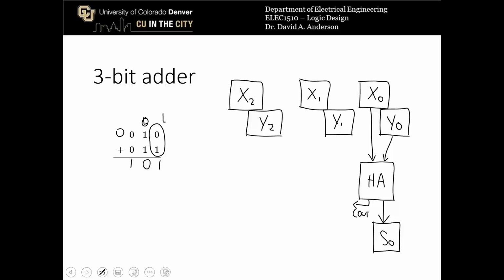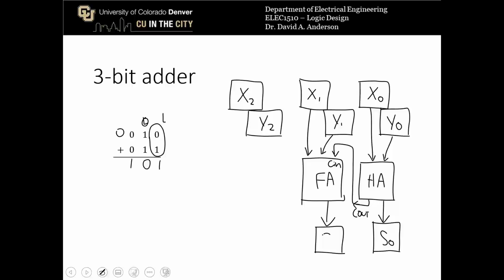Now, x sub 1 and y sub 1 will be inputs to a full adder, where the carry out from the half adder is also the input as the carry in bit. And then we get outputs sum sub 1 and another carry out.